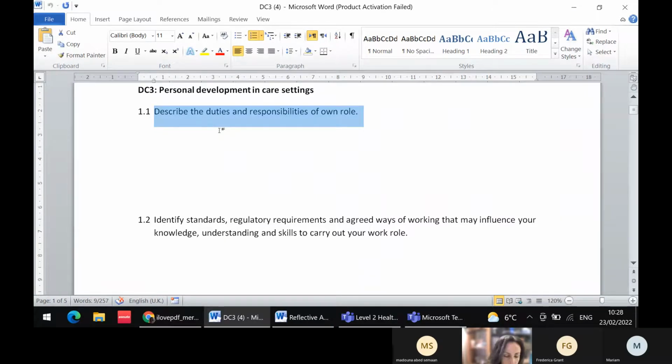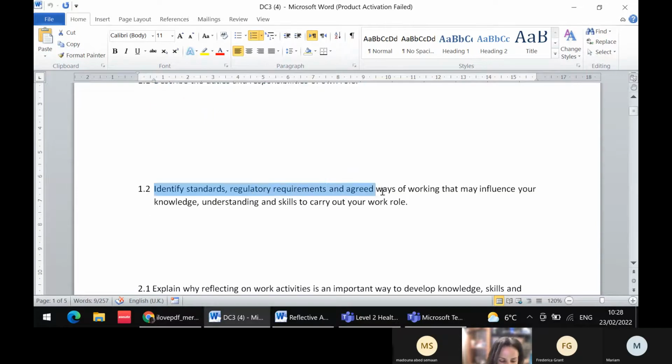Now identify standards, regulatory requirements and agreed ways of working that may influence your knowledge, understanding and skills to carry out your own role. So identify standards and regulatory requirements, and also the agreed ways of working.